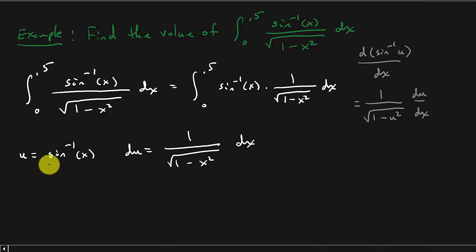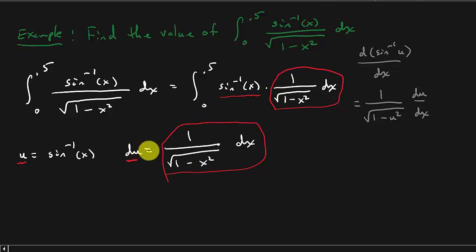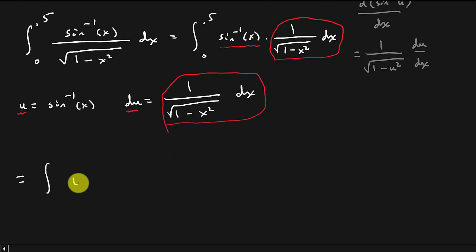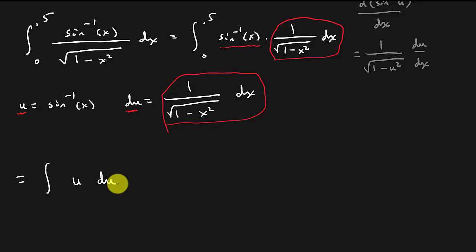So inverse sine is going to be replaced with u. And then look at this. I see all of that right here. That's going to be replaced with du. So this is going to be the integral of u du. Oh, that simplified it up a bunch, didn't it? That made it real easy.